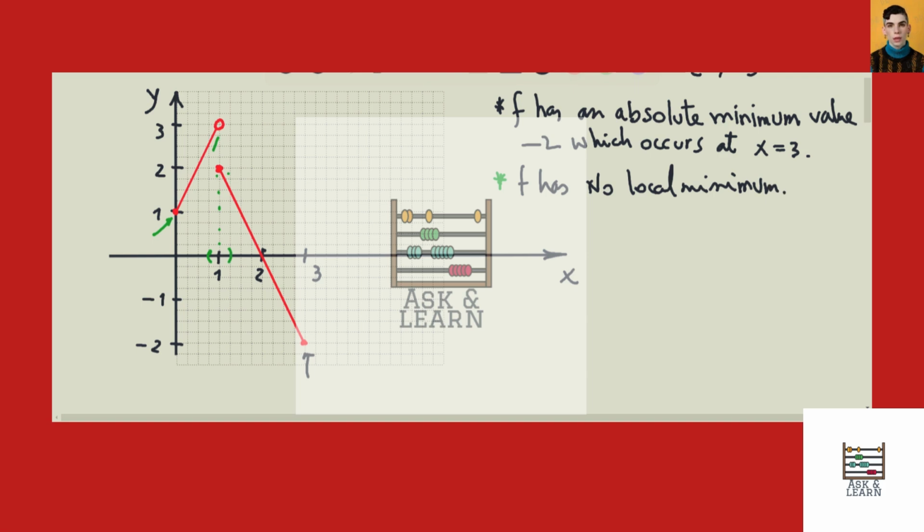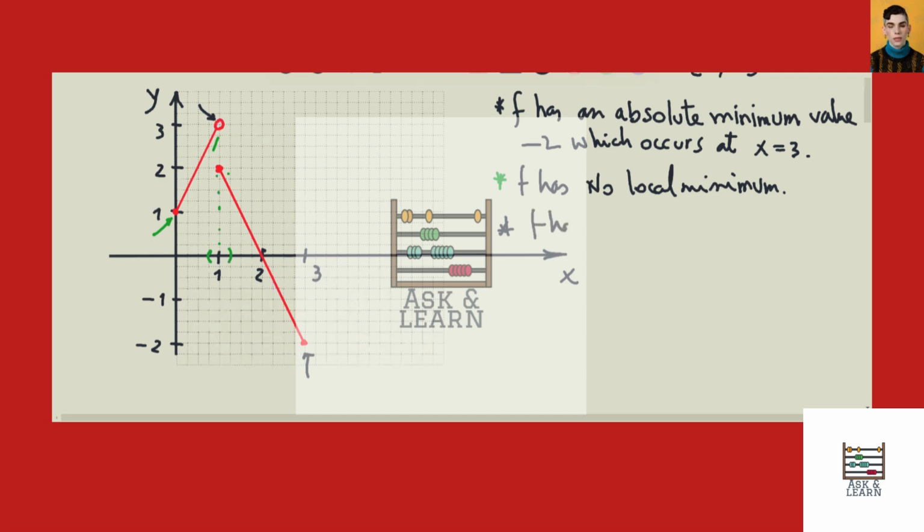And with respect to the maximum values, there is no absolute maximum because the highest point should be this point, but it's not included. So there are always greater values that get closer to the value 3, but never reaching it.